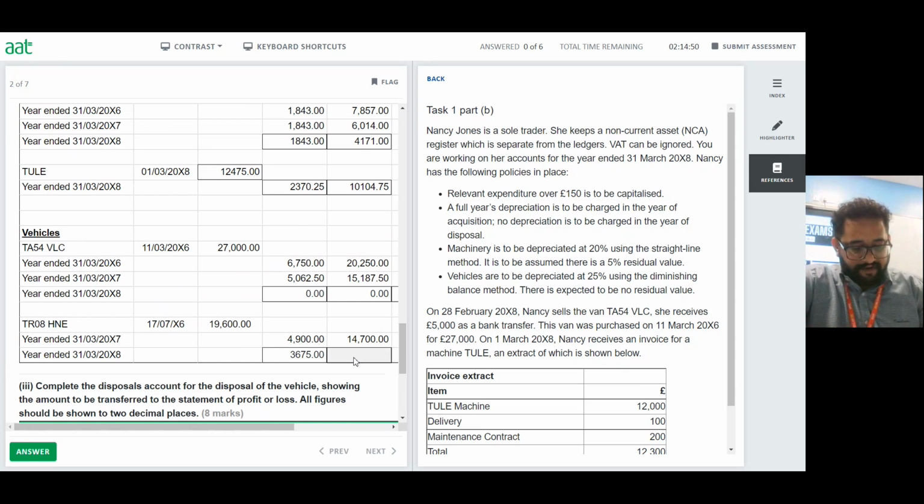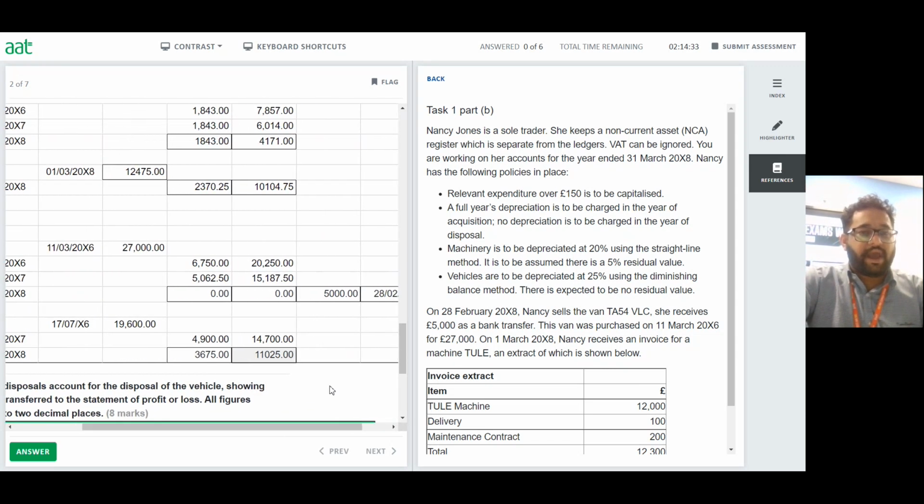And whatever I got left after that, it's going to be 3675 multiplied by 3. I will get 11,025 pounds .00 as my carrying value. So all of those boxes in here are populated the way it is expected.